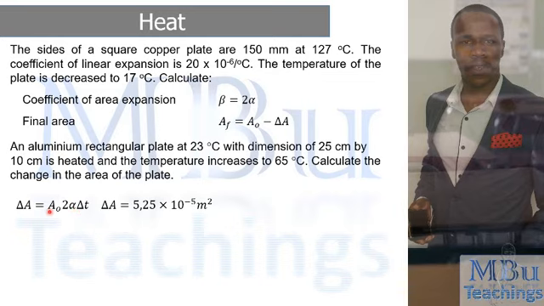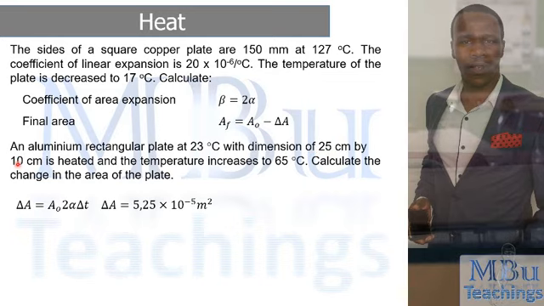We have the original area, which is 0.25 times 0.1, because we have changed them to meters. How do you change centimeters to meters? You divide by 100. So 10 over 100 will be 0.1, and 25 over 100 will be 0.25. That is why I was saying 0.25 times 0.1. Then you get your area. After that, you multiply everything out. This will be your answer.